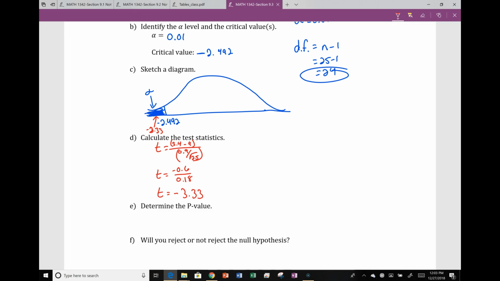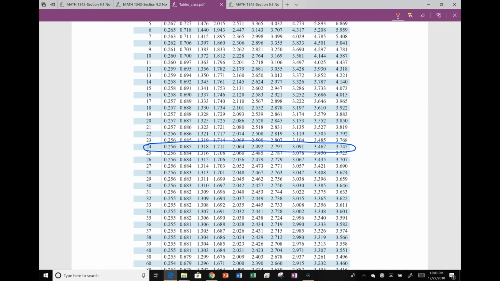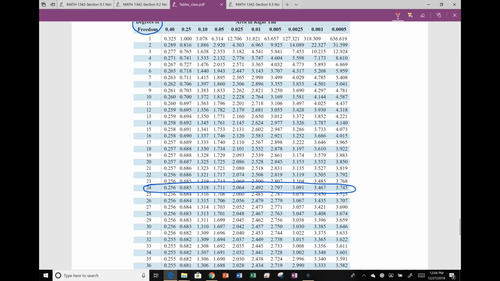Now, to find our p-value for negative 3.33, we're going to come back over here to the t-chart, and we are looking at still this particular row. We want to look at this row the entire time because that's our degrees of freedom.